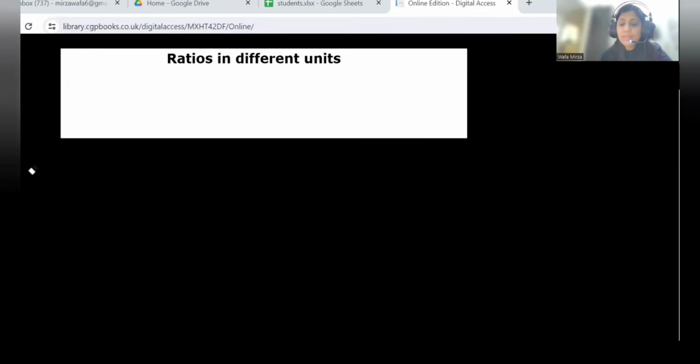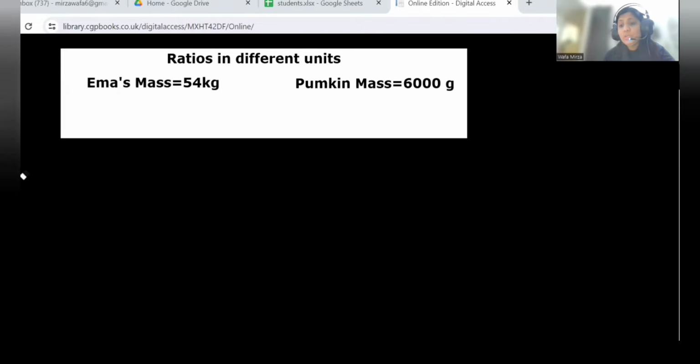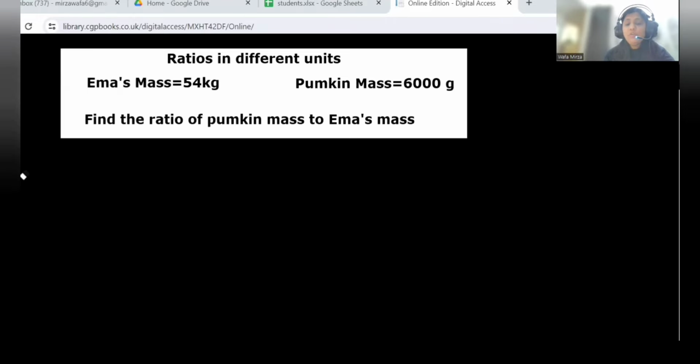Suppose you are given that Ema's mass is 54 kilograms and pumpkin's mass is 6000 grams. Here you can see that Ema's mass is given in kilograms and pumpkin's mass is given in grams. The question says, find the ratio of pumpkin's mass to Ema's mass.